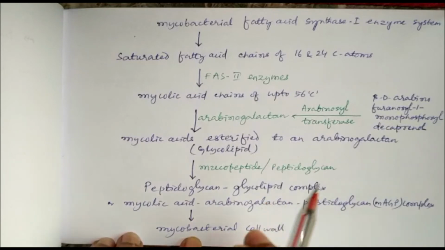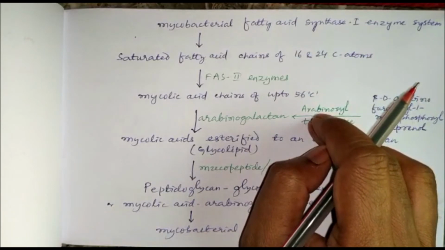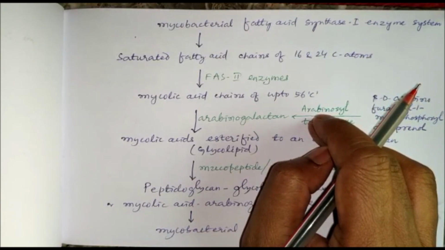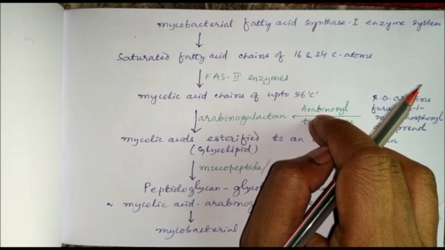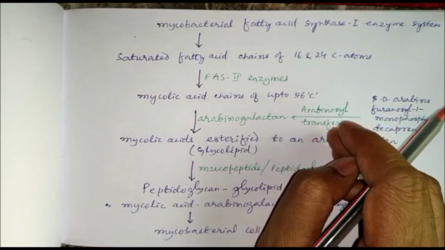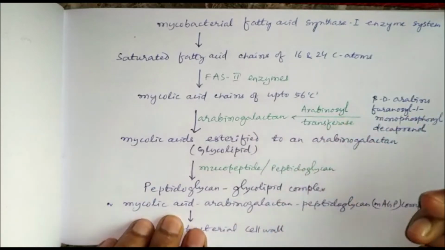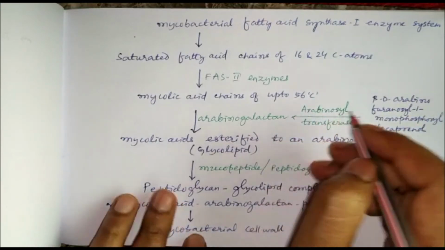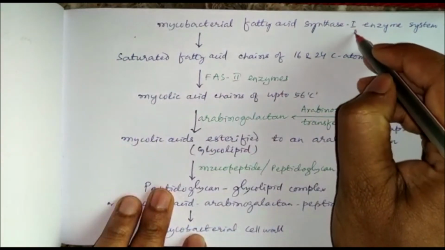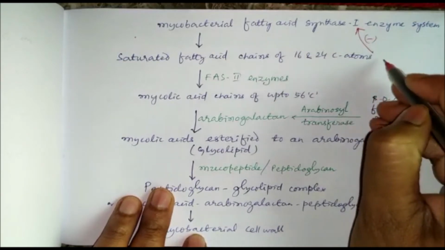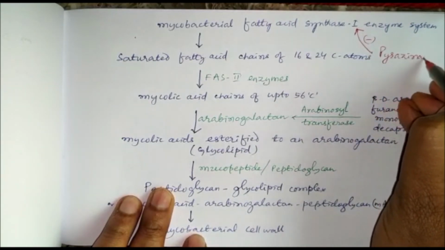So how can we inhibit mycobacterial cell wall synthesis? Antibacterial drugs like isoniazid, pyrazinamide and ethambutol act here. The mycobacterial fatty acid synthase 1 system is inhibited by drugs like pyrazinamide.